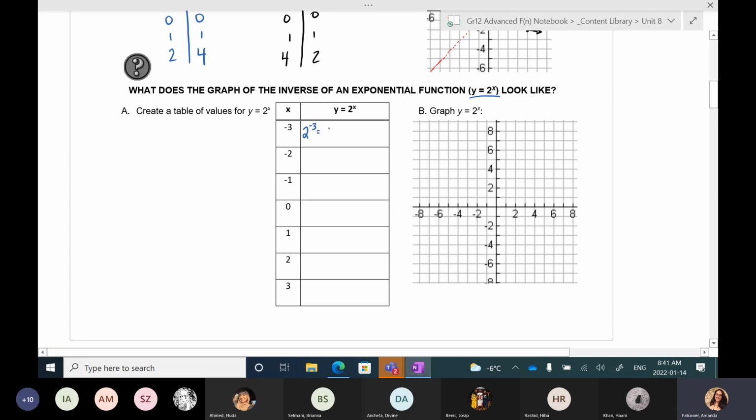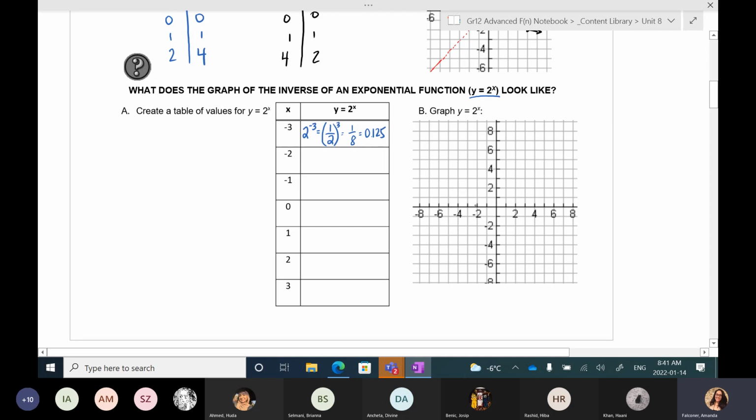And then we remember our rules for exponents. Whenever we've got a negative in the exponent position, we're flipping the base. And that's all to the 3. So it's 1/8. And then I'm going to put that as a decimal because it's easier to graph.